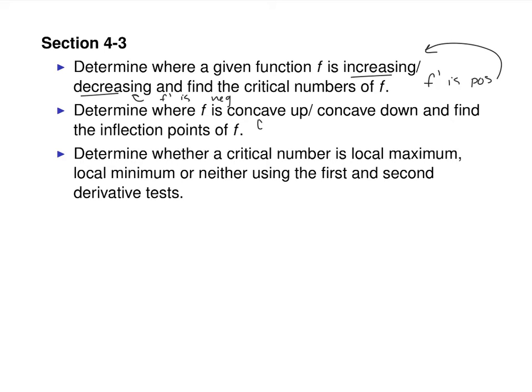Okay, how about when is your function concave up? Second derivative is positive. Concave down, second derivative is negative. Inflection points: f double prime has a sign change at a place where it is defined in the first place. Asymptotes don't count as inflection points.